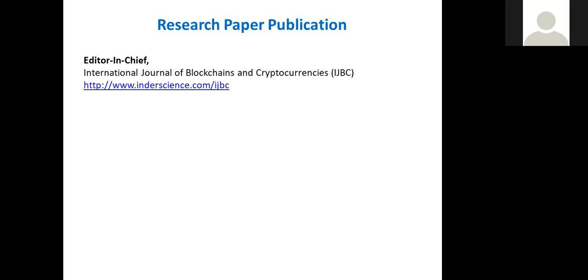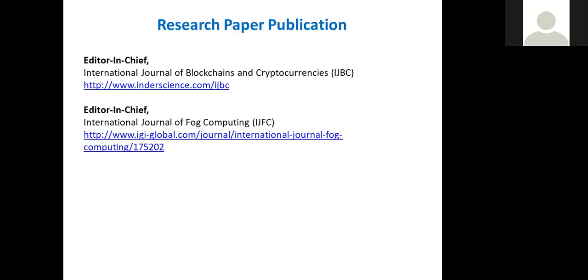Sweden or Switzerland, I'm not sure. I think Switzerland. One of those places. They do a pre-review before it comes to me. So sometimes they reject a paper before it comes to me. But if the paper is good, it will come to me. And if it comes to me, just because I know you guys, the chances of it getting published is very high. Fog computing is fine. It directly comes to me.